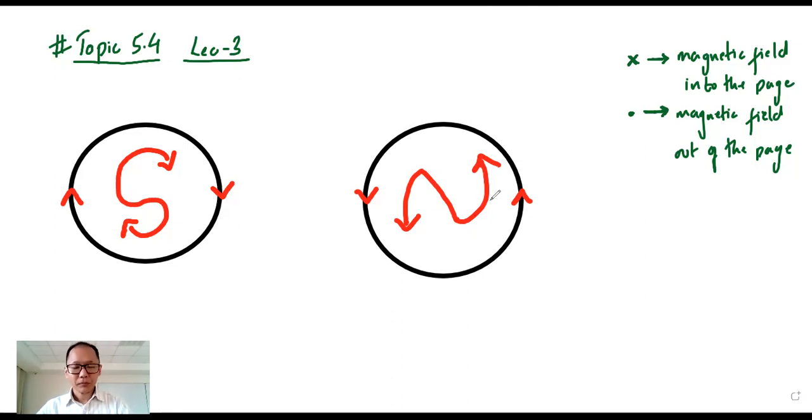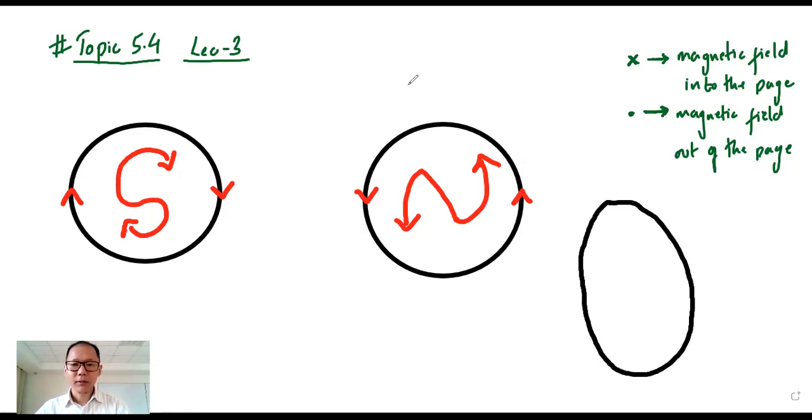Also, what we said was if we consider a circular wire at a slightly off angle like this, and I say that my current is flowing in this direction here, it basically means that my south will be on the opposite side and my north will be here.